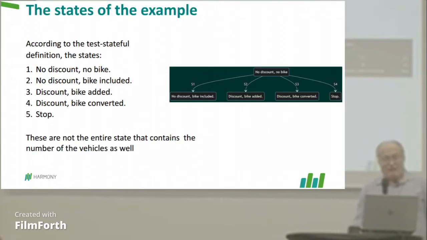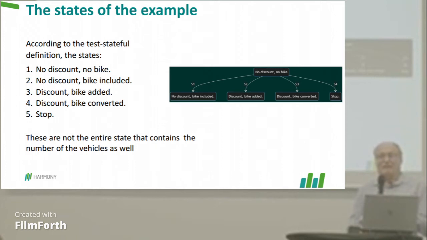Okay, and we arrived at the most difficult part of my presentation: how to create the states in our current example. We start from the initial state where there is no discount and no bike. If we add the first car, that is the first computation, and if we add another car, we do the same computation, so we haven't arrived at a different state.